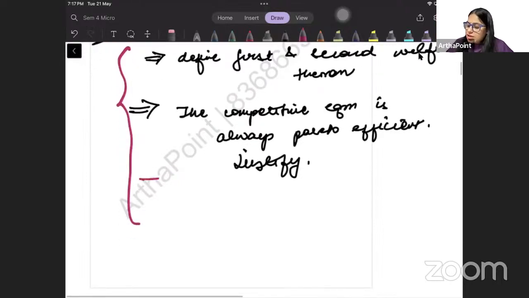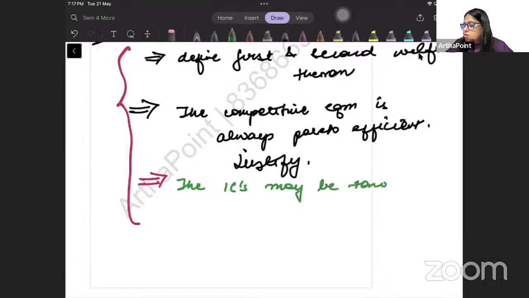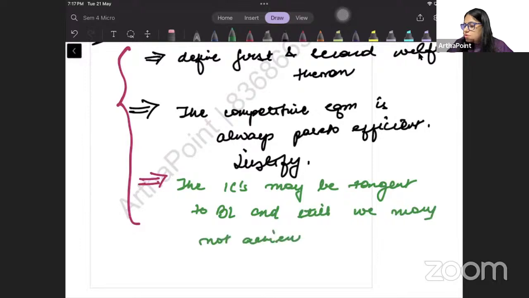So for example, they can give you a question like this, that the ICs may be tangent to the budget line and still we may not achieve Pareto or competitive equilibrium.